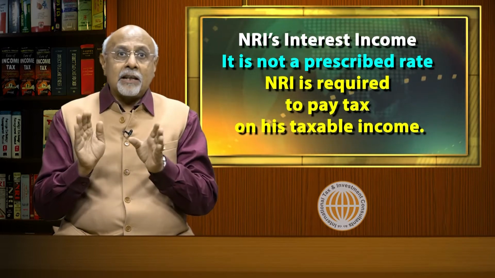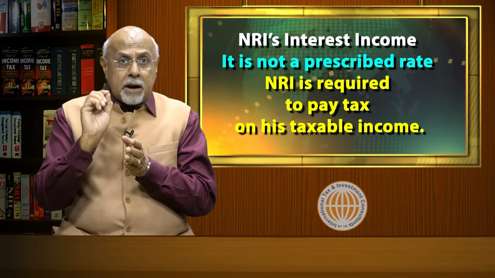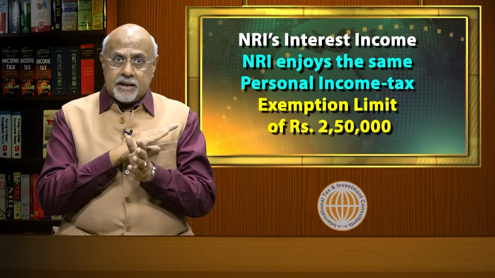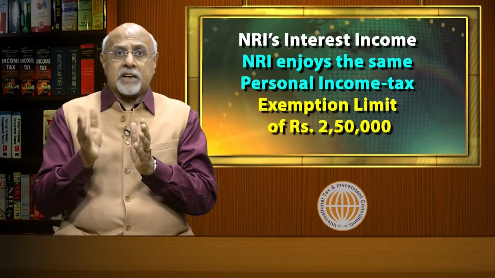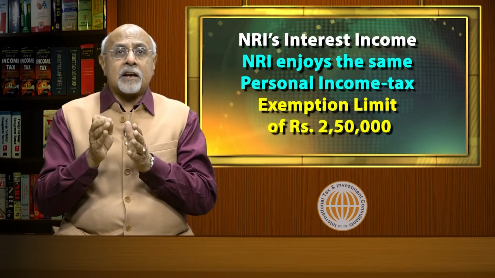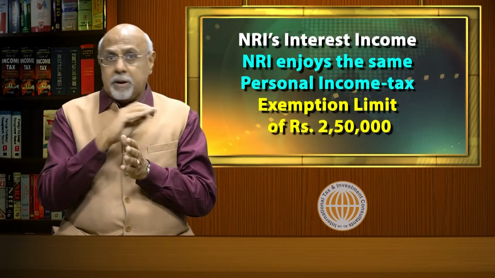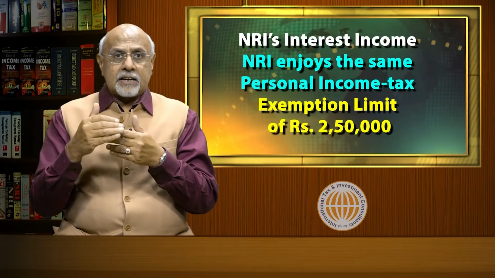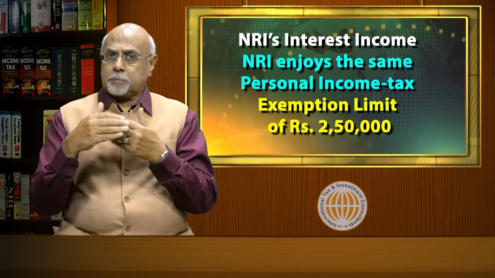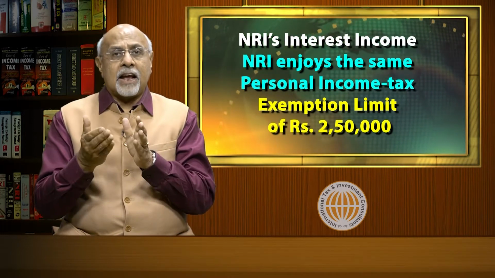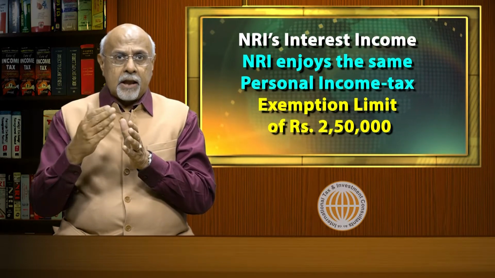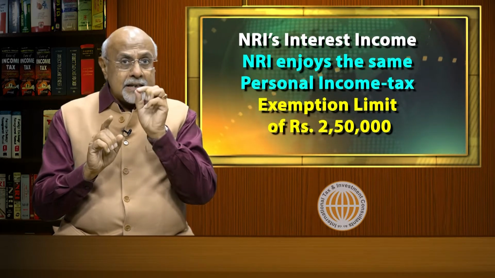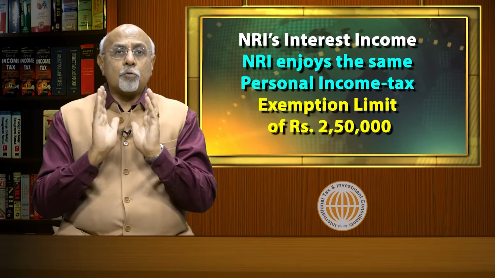But that does not mean that this is the tax payable. We need to keep in mind that just like in the case of a resident, a non-resident, that is an NRI, also enjoys under the Income Tax Act the exemption limit of 2,50,000. And then obviously the tax rates and slabs are as prescribed, between 250 to 5 lakhs at 5% and thereafter as the rates go on. But as far as TDS or withholding is concerned, it would be 30%.